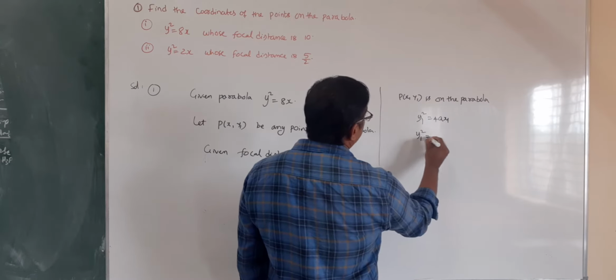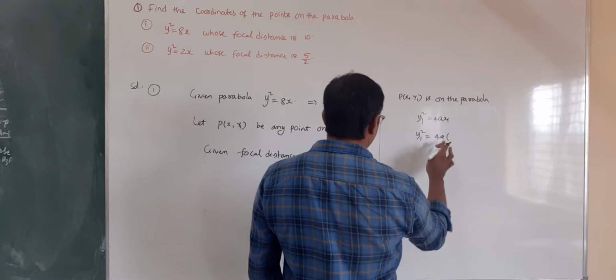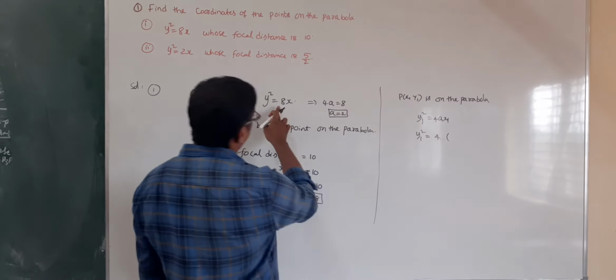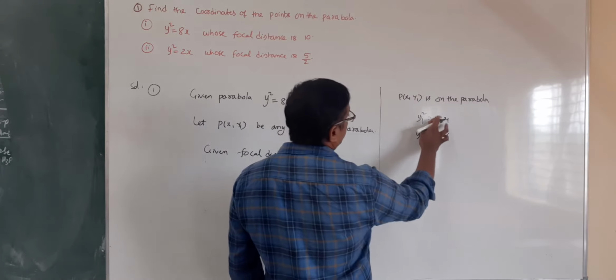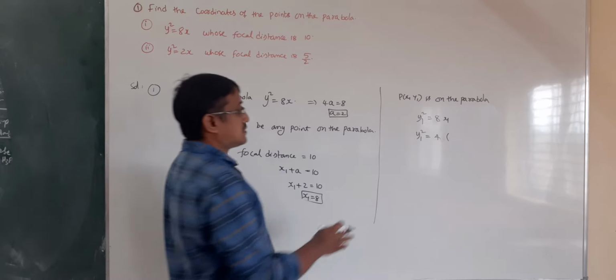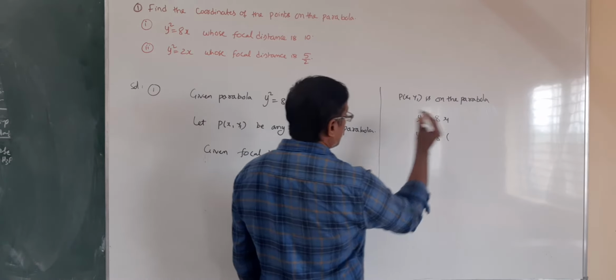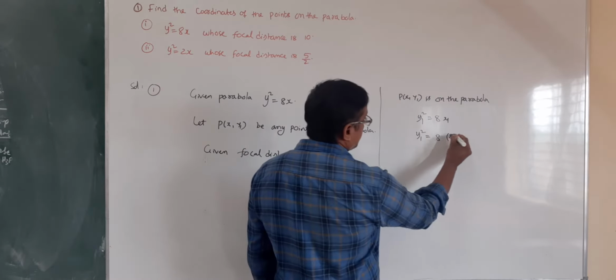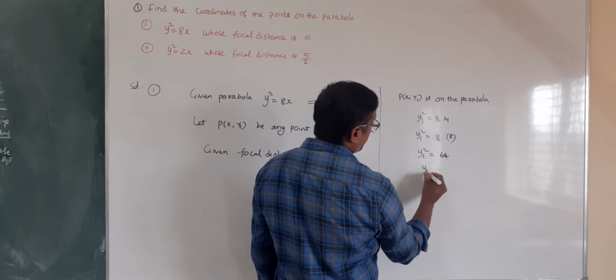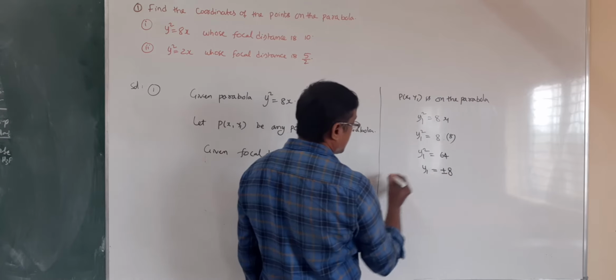Here 4a is 8, so y1 square is equal to 8x1. So y1 square is equal to 8 into, where x1 is again 8. So you will get y1 square is equal to 64, y1 is equal to plus or minus 8.